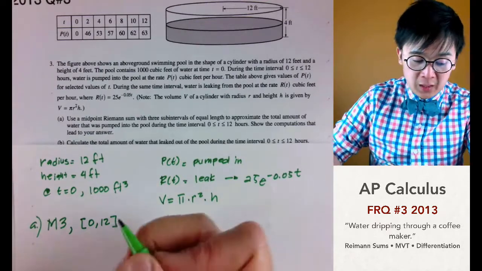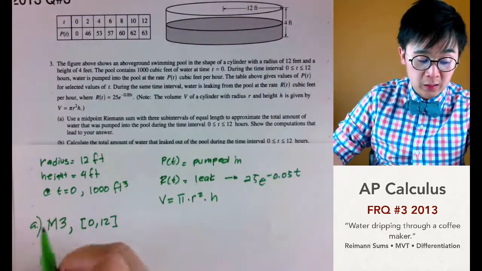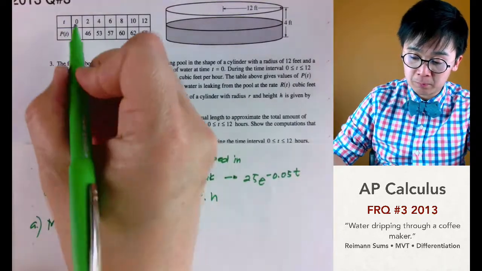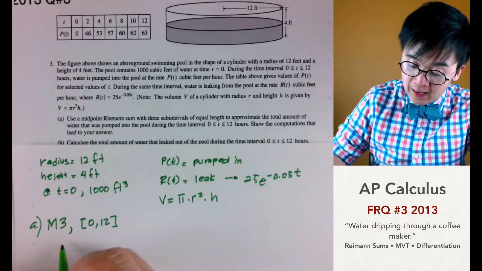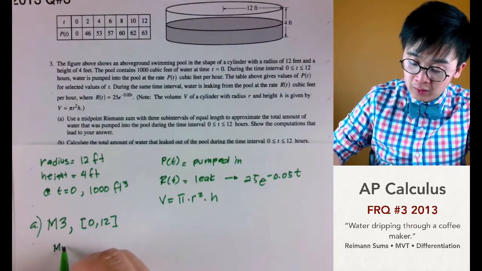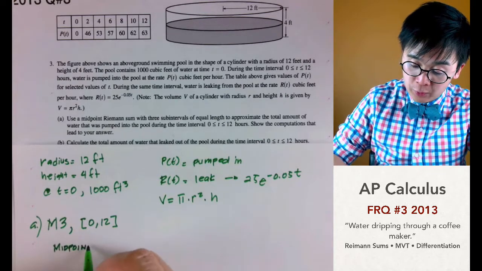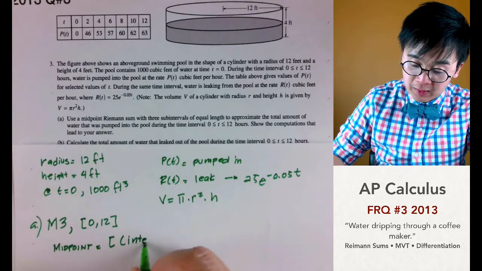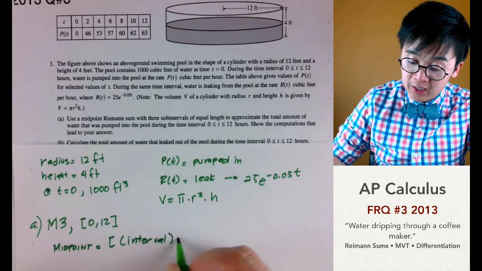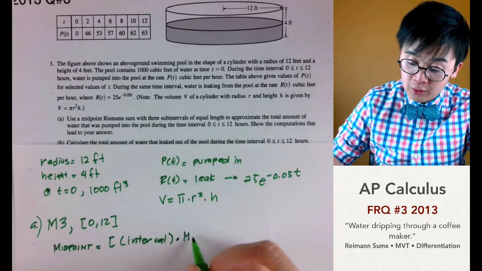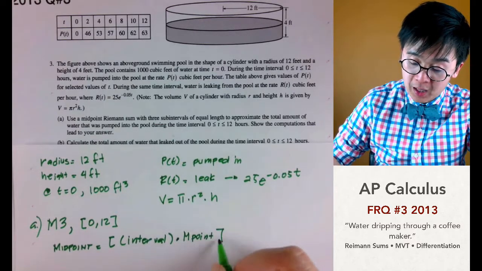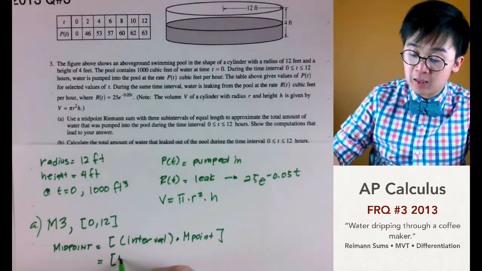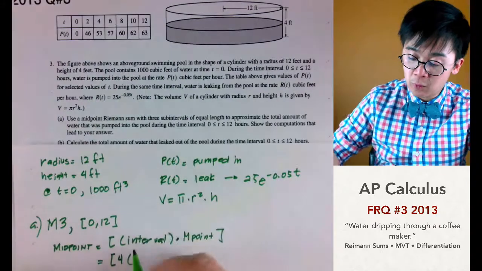So to find the total volume in this problem, we'll have from 0 to 4. To approximate using the midpoint, we simply need to use the width of the interval multiplied by the midpoint value. In this case, the width of the interval from 0 to 4 is 4.